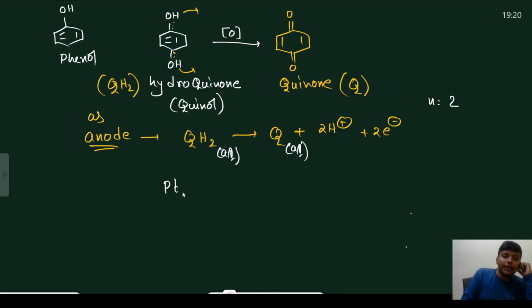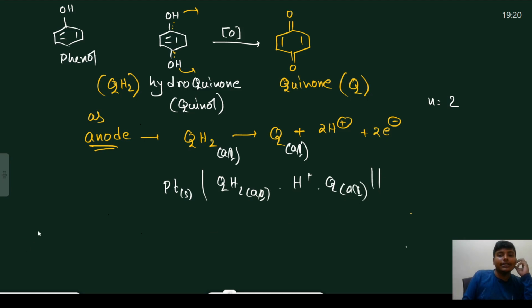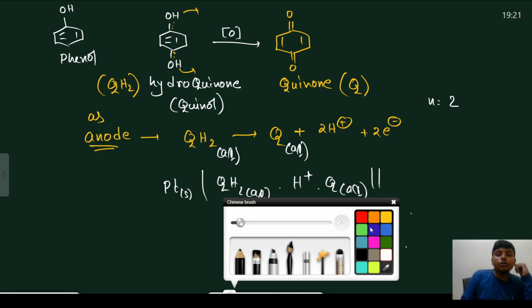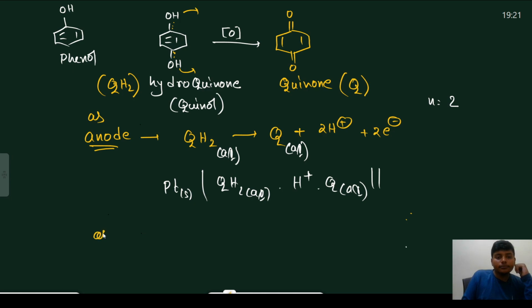How to represent it? I already told you that platinum is what we use here as an electrode, then the quinhydrone electrode in aqueous state, H plus, quinone in aqueous state, then a salt bridge like this. This is as anode, oxidation happens. Now at the cathode, what will happen? The reverse, this will come to this side.